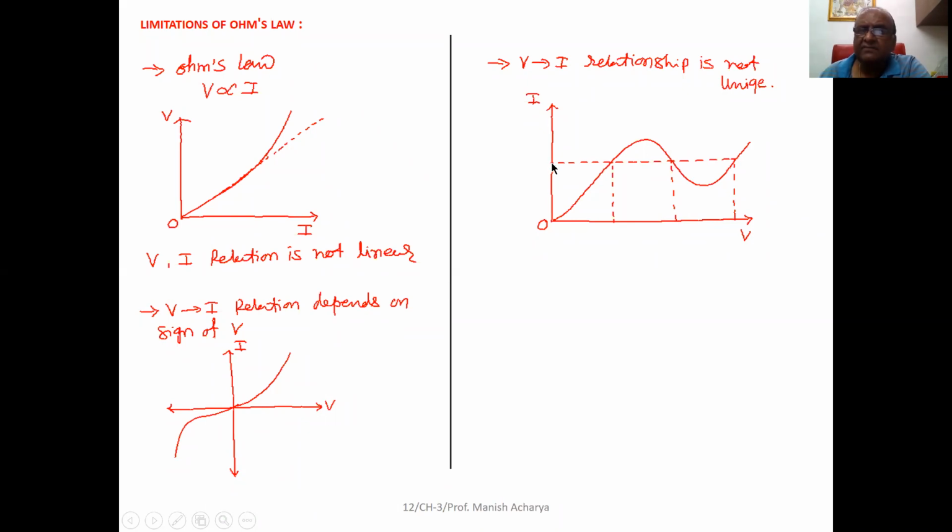So here the VI relationship is not unique. Obviously we can say Ohm's law is not obeyed. Okay, so always remember this thing, Ohm's law is obeyed by particular substances in certain fixed conditions, or we can say situations. Clear to all of you?